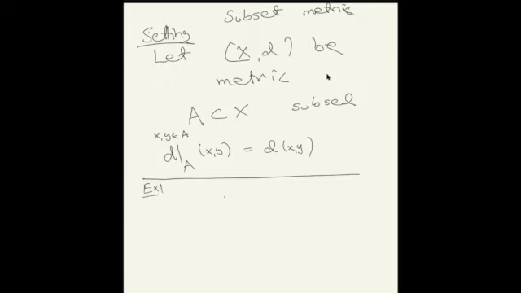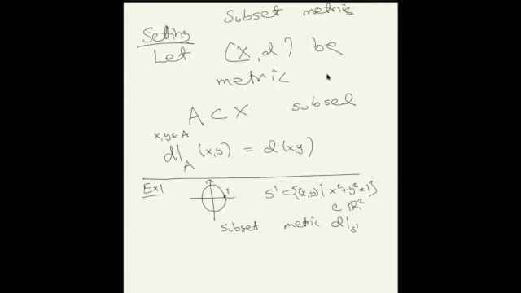So for example, if we have the unit circle, sometimes denoted S1, consisting of all the points (x, y) with x squared plus y squared equal to 1. This is a subset of the plane. And the subset metric, d restricted to S1, is just the metric from the ambient space.